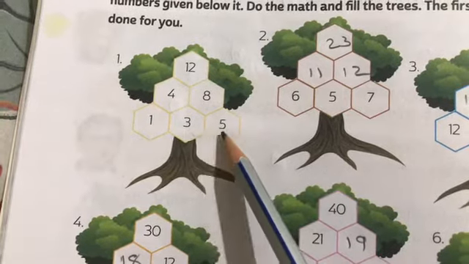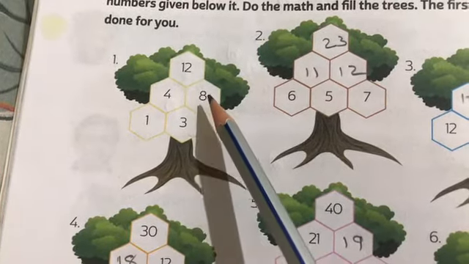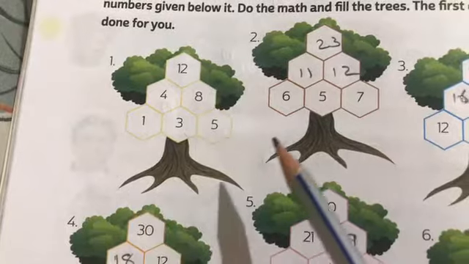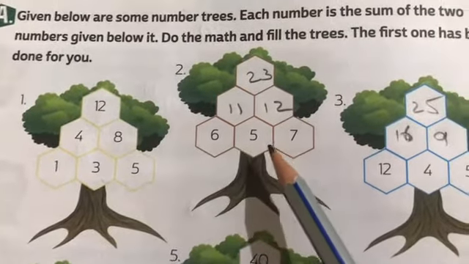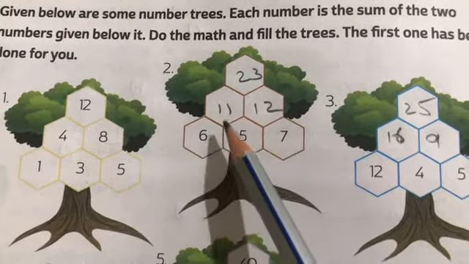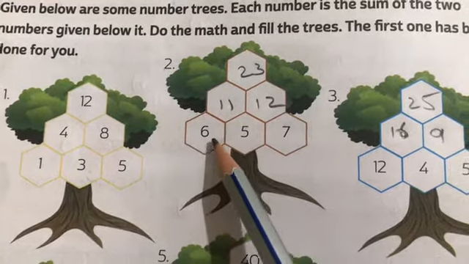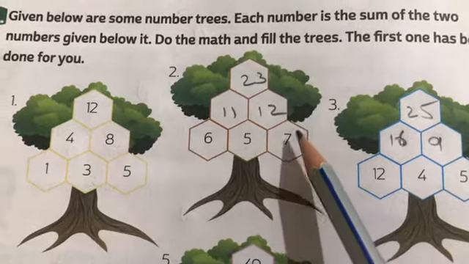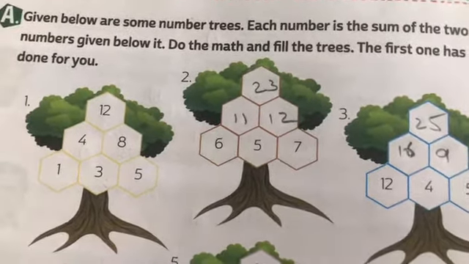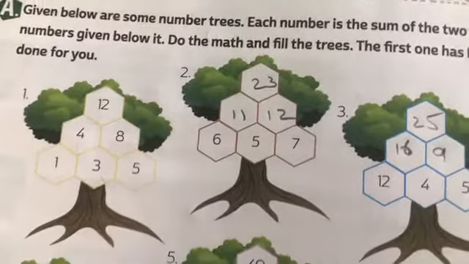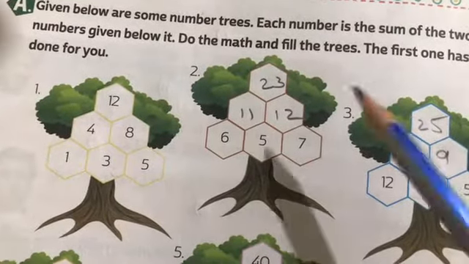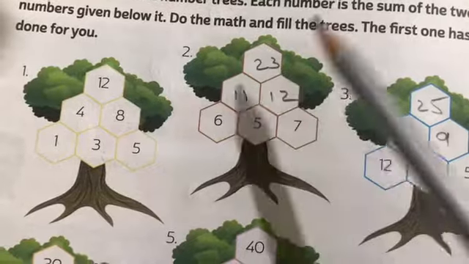Also 5 plus 3 equals 8. In the same way, they have given 6, 5, 7. We have to find out the answers of these three columns.